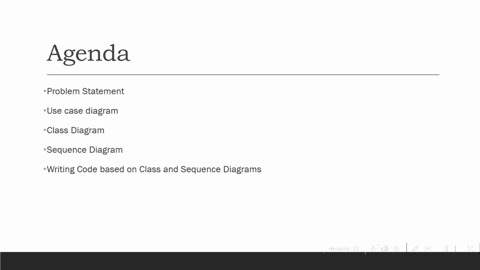The class diagram will give you what all classes we need to have, and the sequence diagram will give you the different interactions that would happen between those classes to achieve the end application goal.